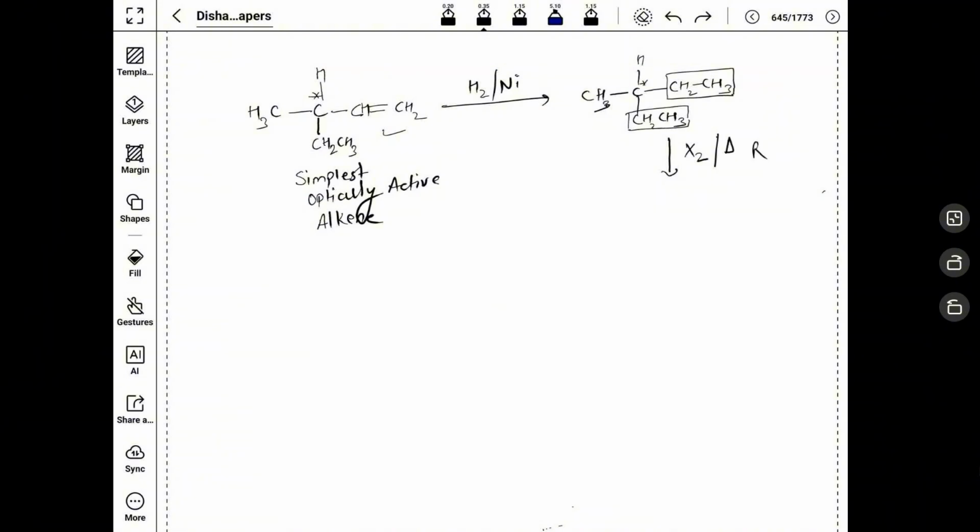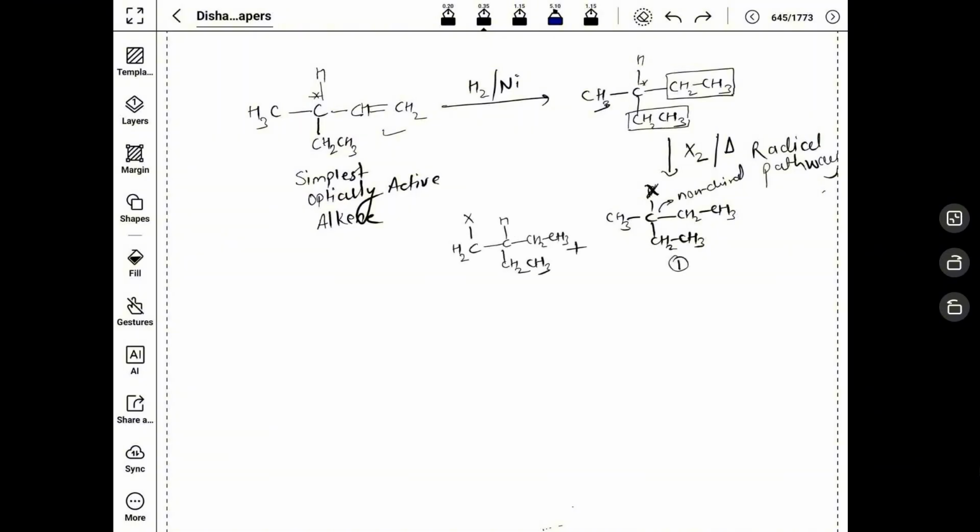So this is following the radical pathway. So we have to draw all monohalogenated products. So we have to replace hydrogen from each and every carbon and draw all possible products. So first possibility is this one, and this is non-chiral. So only one possible. This is the second one. Now look at this structure very carefully.